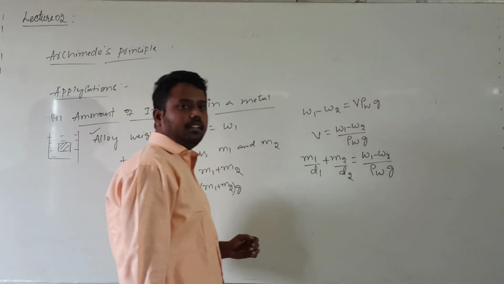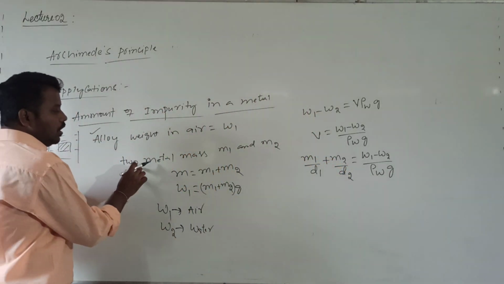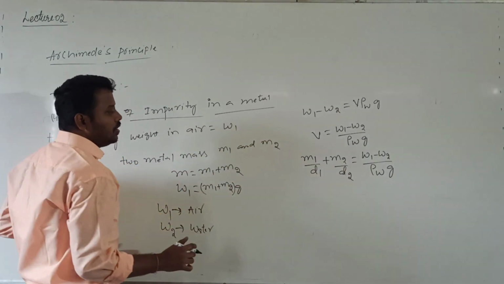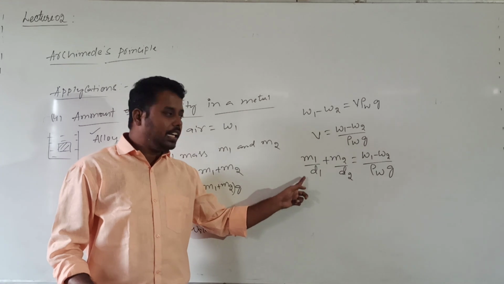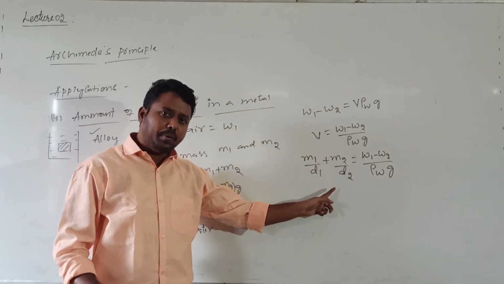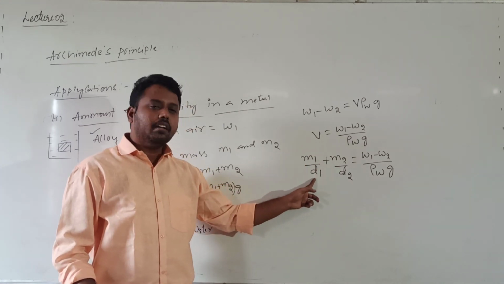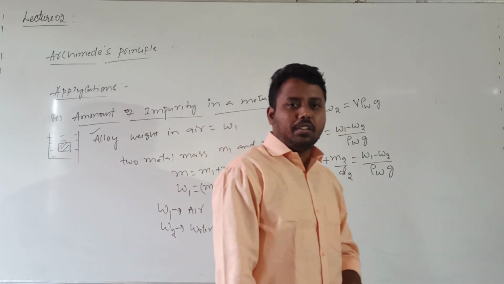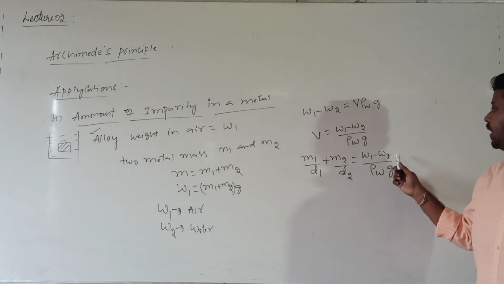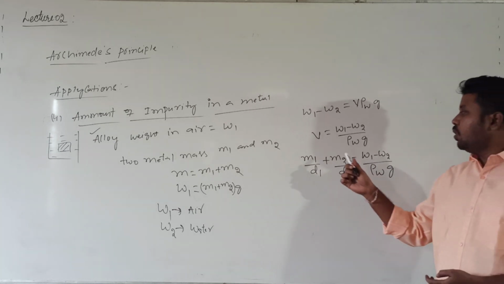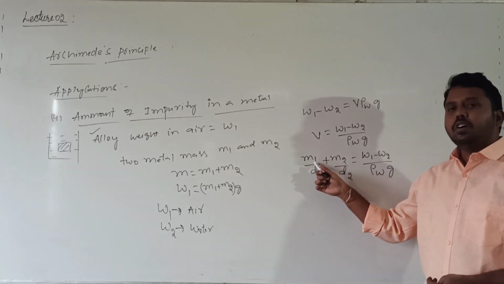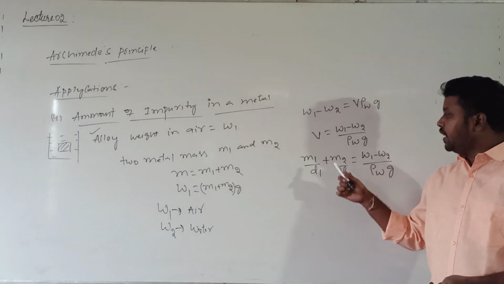Are you getting that? Two metal masses are M1 and M2 and their densities are D1 and D2. So what is the volume of the first one? M1 by D1. The second one, M2 by D2. So the total volume, M1 by D1 plus M2 by D2, is equal to W1 minus W2 divided by rho W into g. Suppose I know the value of M1. If I want to calculate M2, it can be eliminated.